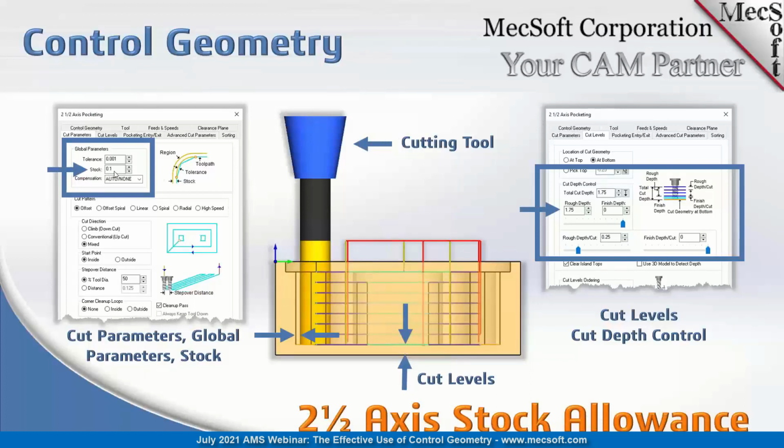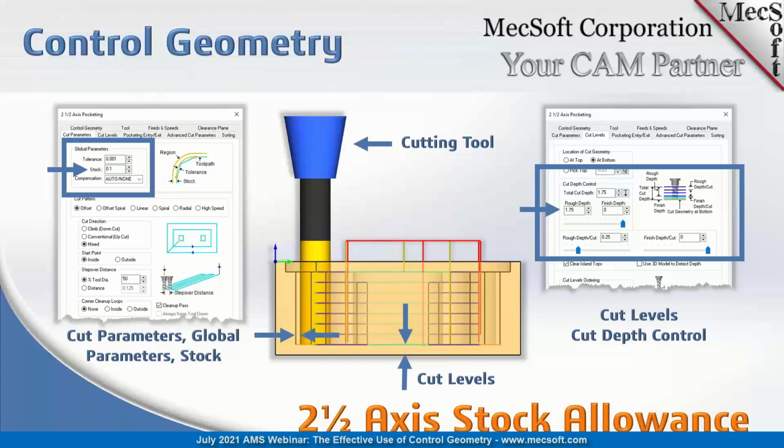And the stock can be positive or negative. Obviously, if you're going to come back with another finishing operation, you're going to want to leave a positive value for stock. The tool will stay off of the control geometry by that amount, but you can also put in a negative stock, and you can overcut your geometry. And that's used in many applications.